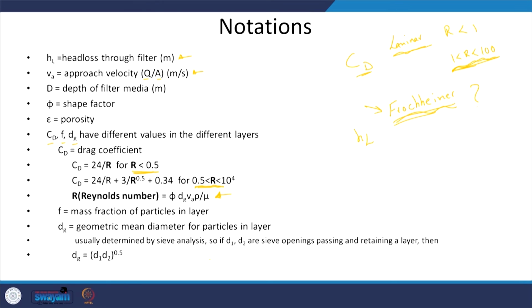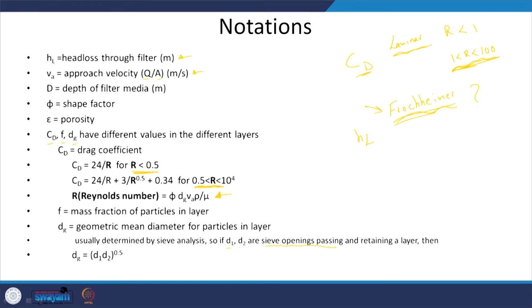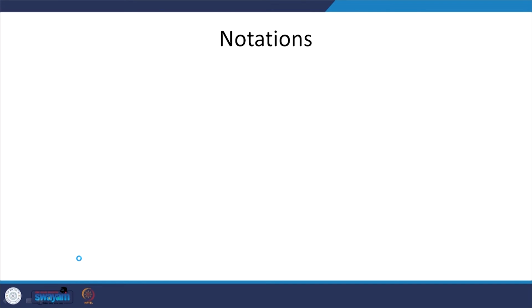This is something that we have looked at. The filter media is passed through sieves of different sizes. Depending upon the need, you will look at different sieve sizes and the fraction that is retained, and then you will be able to get your geometric mean diameter.